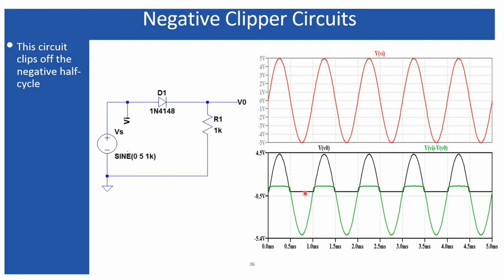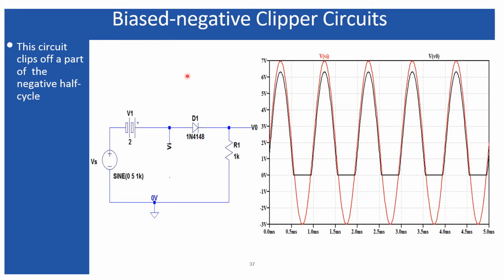So that means it is clipping off the negative half cycle. The negative half cycle of the input signal appears across the diode only. But we generally consider clippers and clampers with respect to the load, whether the load is following the negative half cycle or not. No, it is not following. So it is a negative clipper.